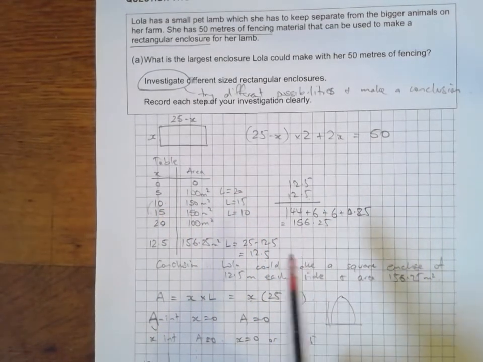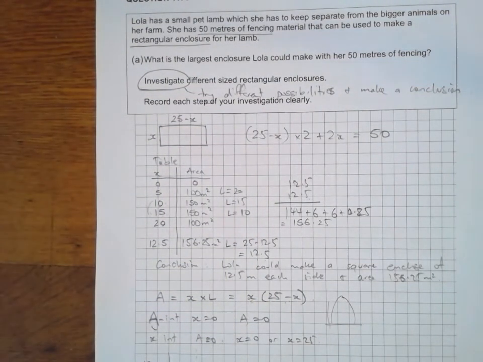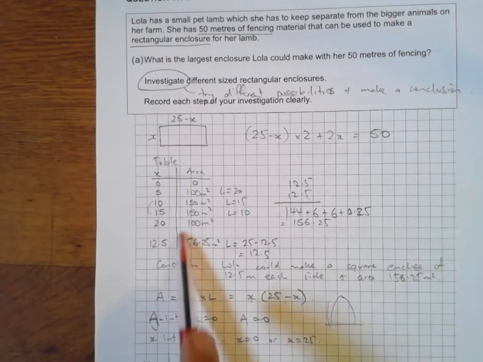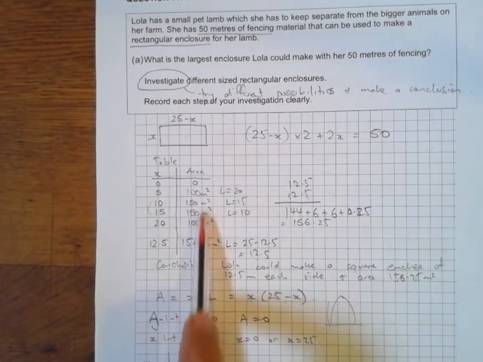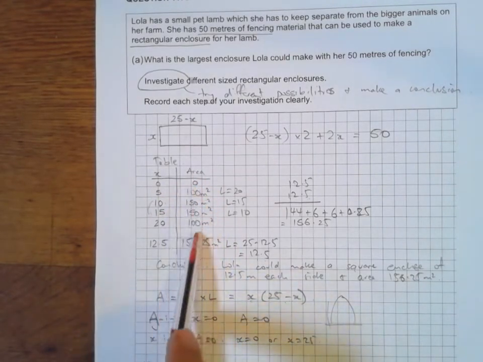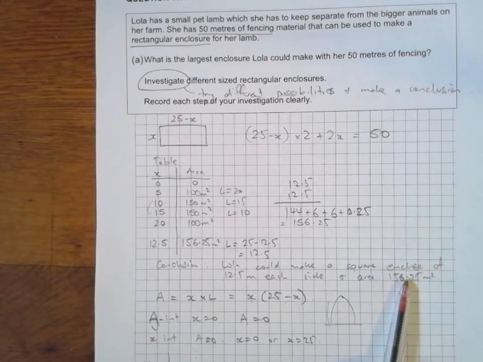That would be enough to get us an achieved mark, as long as we concluded from one of our two which was the bigger. Okay, so we want to try at least two every time. Setting up a table, okay, and systematically going through, noticing that there's this symmetry going on here, and then finding the midpoint of the symmetry and making a conclusion, that would be enough to get us a merit, which is really good.